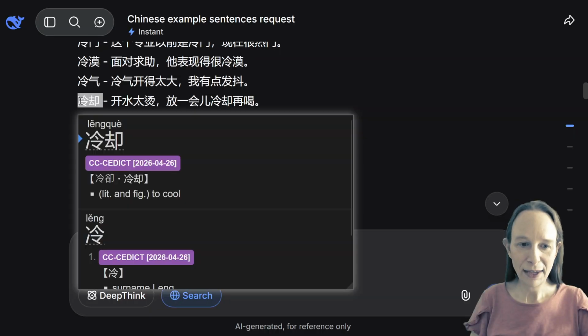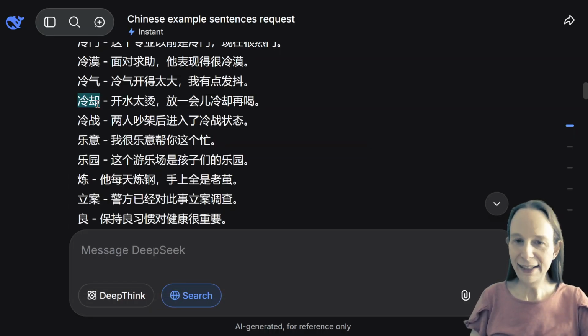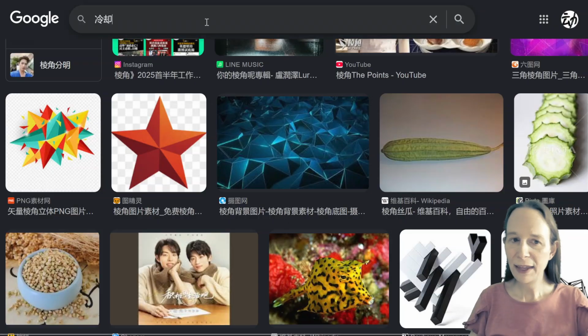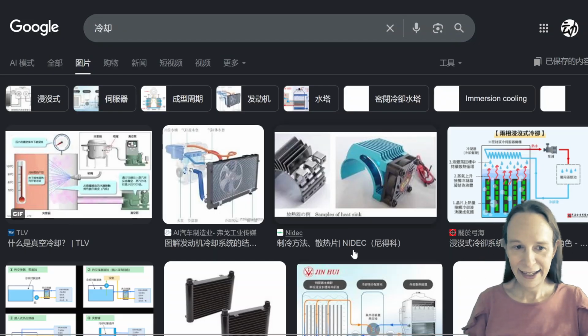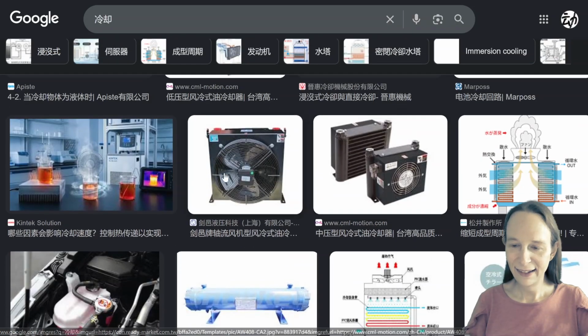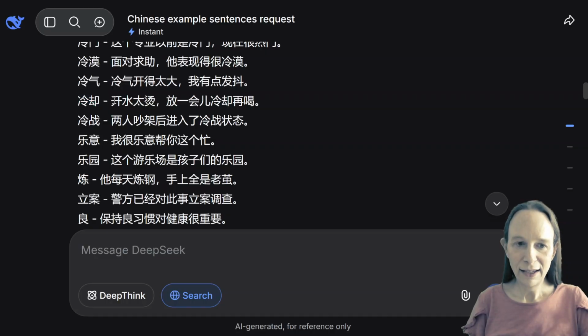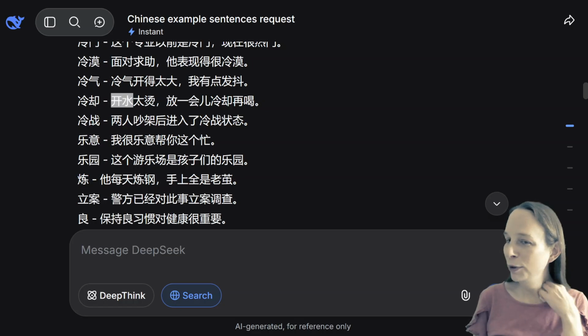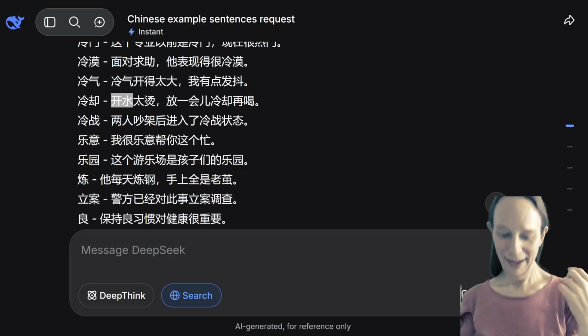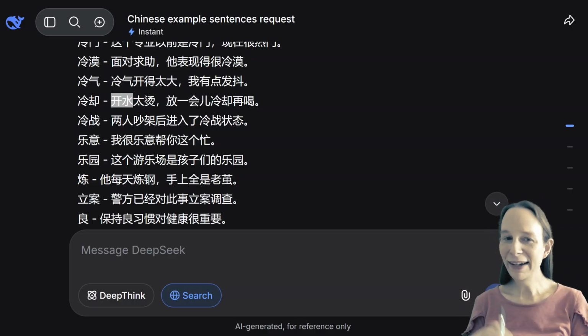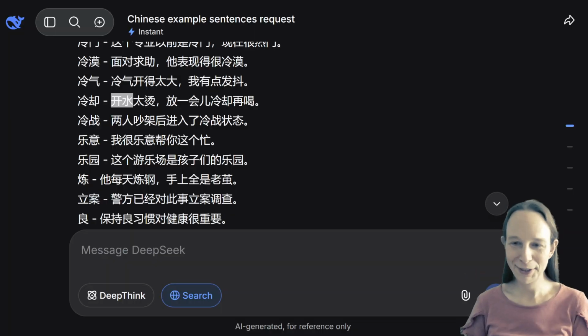I find this literal most of the time. So you've got a hot body and you need to cool it down. But 开水太烫，放一会儿，冷却再喝. Yeah, so your boiling water is too hot. All right, 开水. Or maybe I should say pre-boiled water.